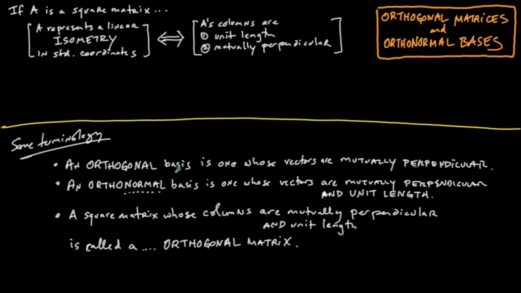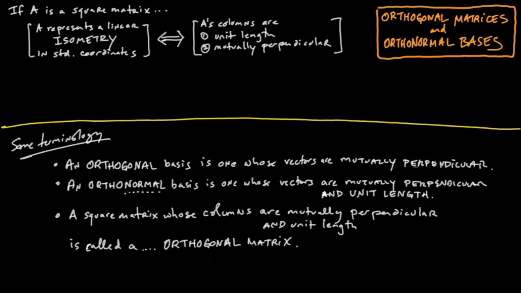So once again, we say that a basis is orthogonal if it consists of mutually perpendicular vectors, and if those mutually perpendicular basis vectors are also unit length, we call it an orthonormal basis. But if we have a square matrix whose columns are both mutually perpendicular and unit length, we just call it an orthogonal matrix.